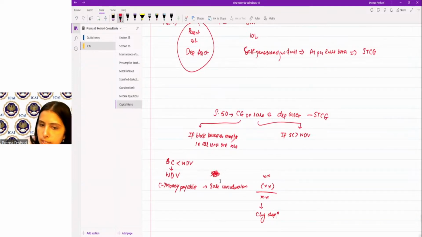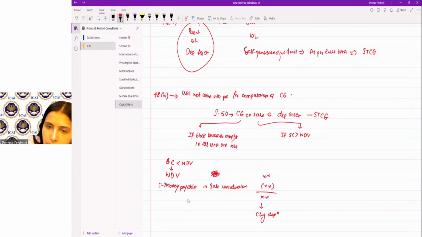This is the computation under section 32, when the sale is happening in the case of depreciable asset. So technically, 48(3) will never come into picture for computation of capital gain on sale of depreciable asset, because the computation is happening in a specific section 50 to which 48 does not apply.